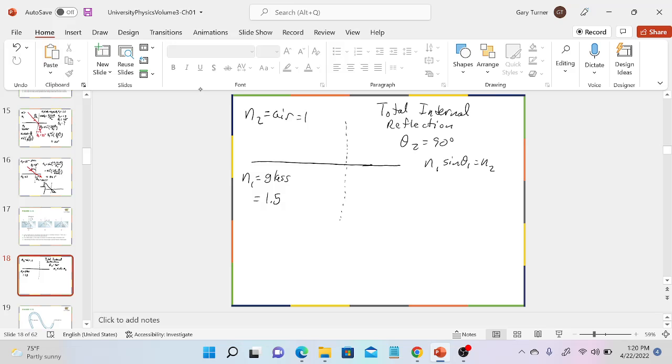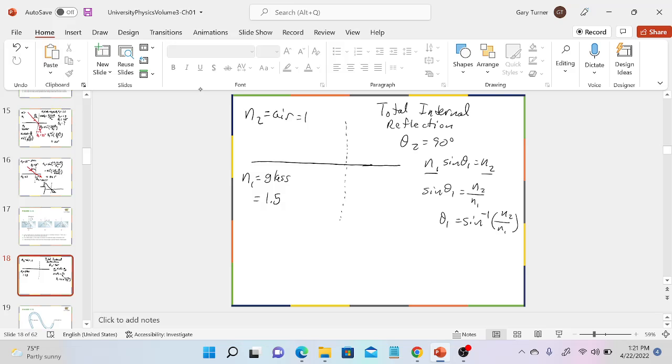And so what that means is, if you know your two indices of refraction, you can solve this equation for theta 1, and you will always be able to predict at what angle light will then move across the boundary between the two media.